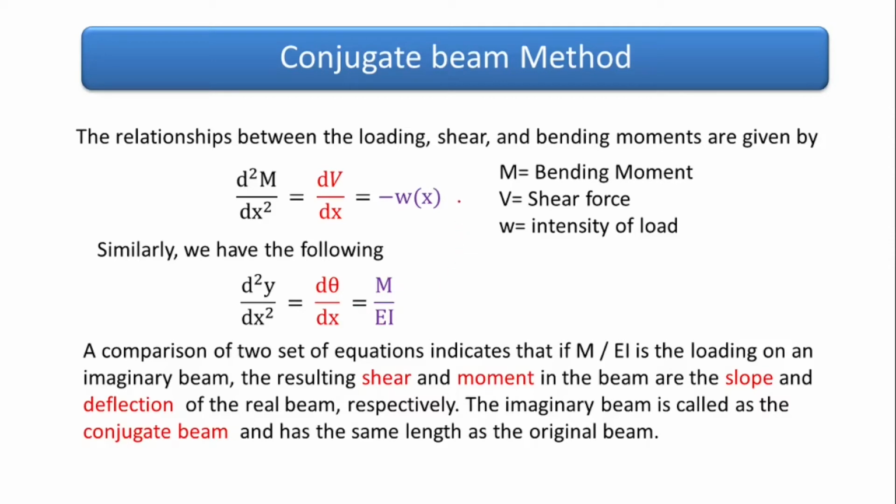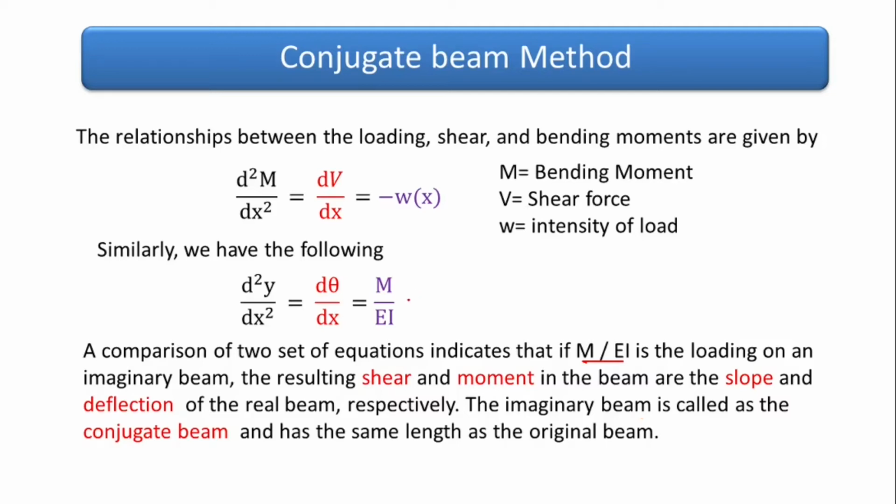By observing these two equations, we can see that this M by EI is the loading on the imaginary beam. The resulting shear and moment in the beam are the slope and deflection of the real beam respectively. The imaginary beam is also called the conjugate beam and has the same length as the original beam.